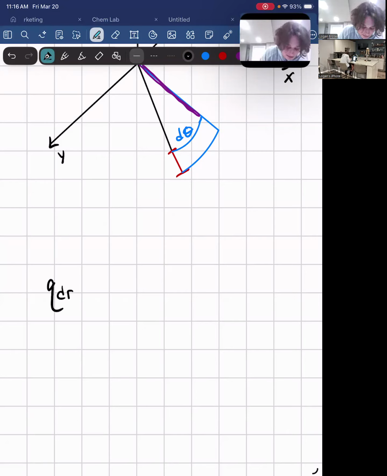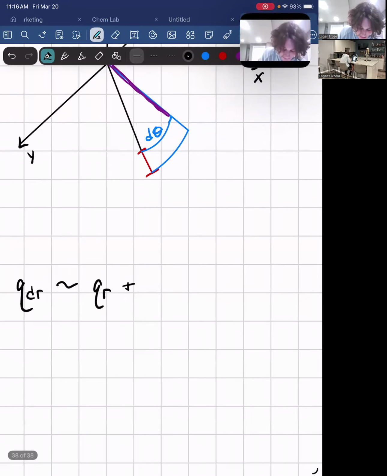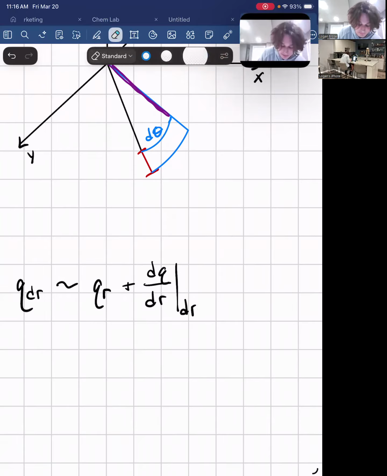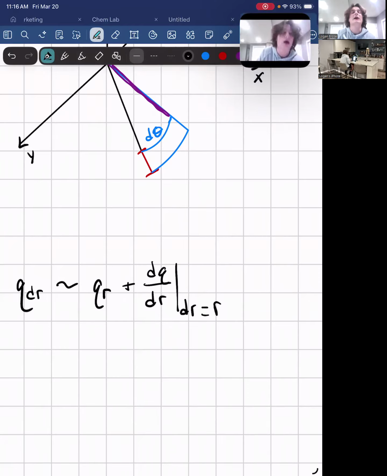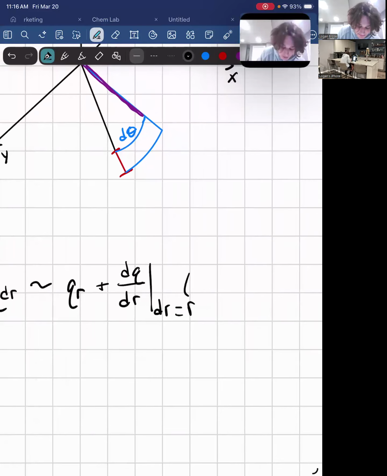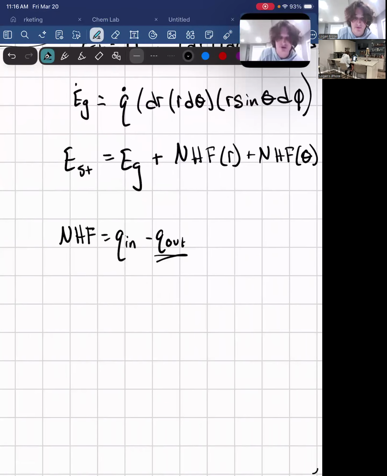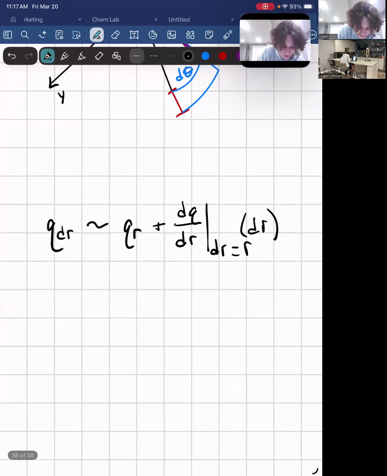In this case, Q at r plus dr is similar to the heat diffusion in our R plus the change in our heat diffusion over the change in our radius, evaluated at our old radius, all times dr. Then we can plug that in here. That's our Q out. Our Q in is just QR, so it's QR minus Q at r plus dr, and I'm going to simplify this. It's going to be DQ at R.